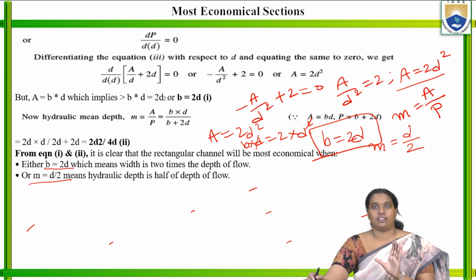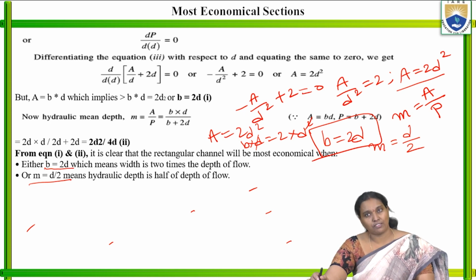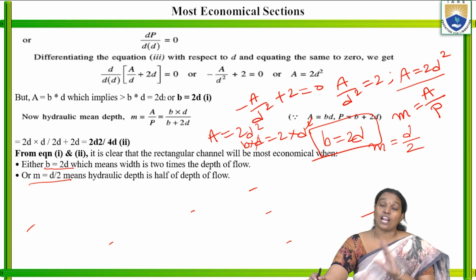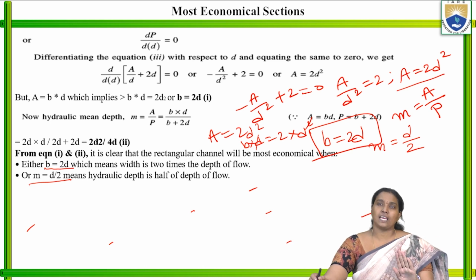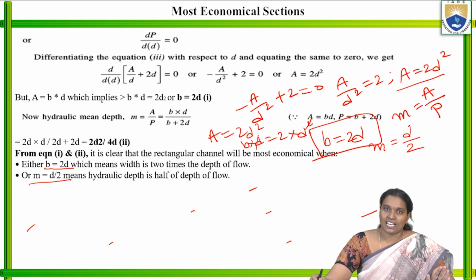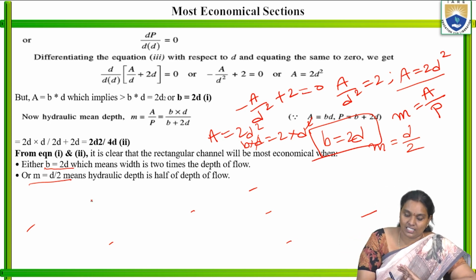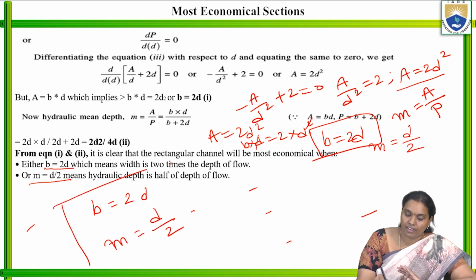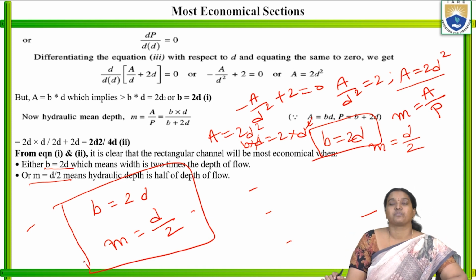In any rectangular section, if the width of the channel is equal to 2 times the depth of the flow, as well as the hydraulic mean depth is half of the depth of the flow, that is the most economical rectangular channel section condition. b is equal to 2 into d and m is equal to d by 2. These are the final parameters for the rectangular channel section condition.